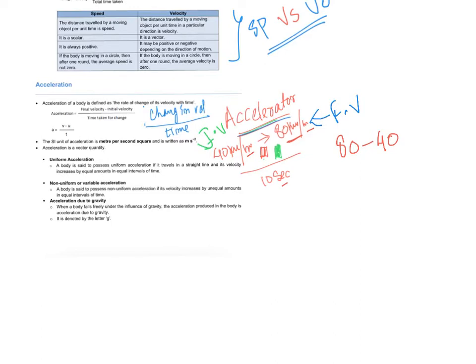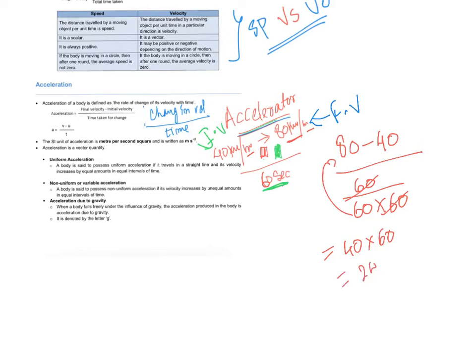And I have achieved it in 10 seconds, or maybe for namesake it is 60 seconds. This is all in kilometers an hour, and this is in 60 seconds, so I have to convert it into hours: 60 divided by 60, that is in minutes, divided by 60. So this 60 gets crossed out, and we can say 40 into 60, which is 2400, and my acceleration is in kilometer per hour square.